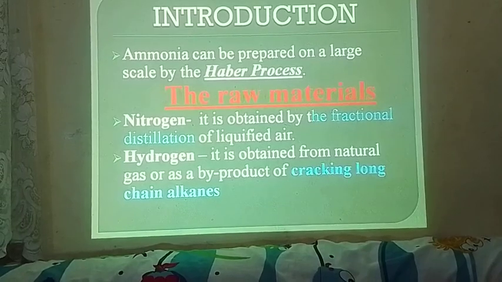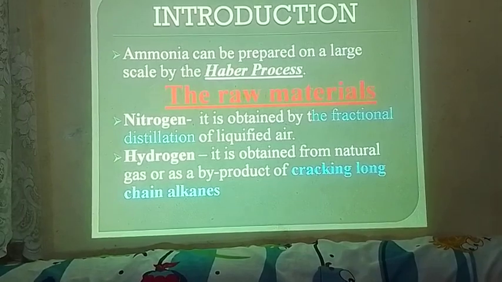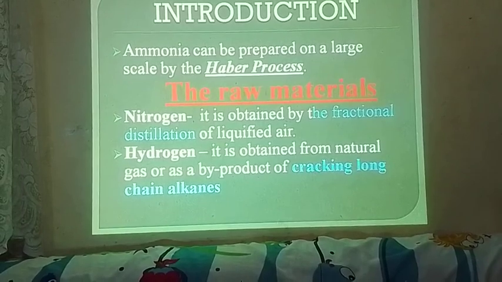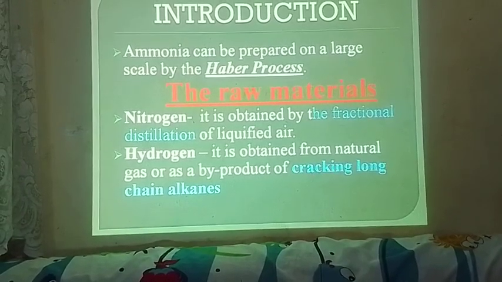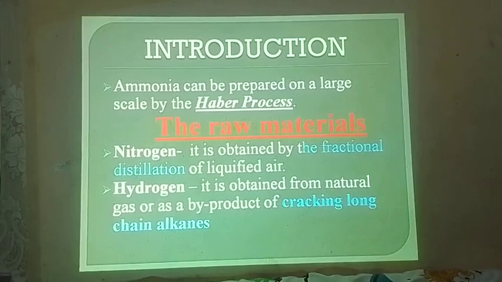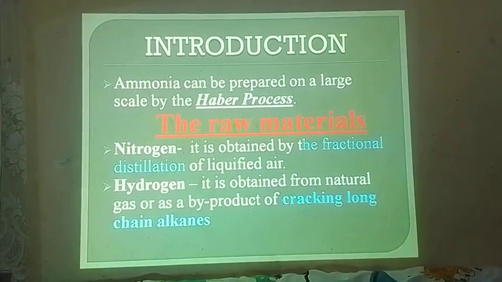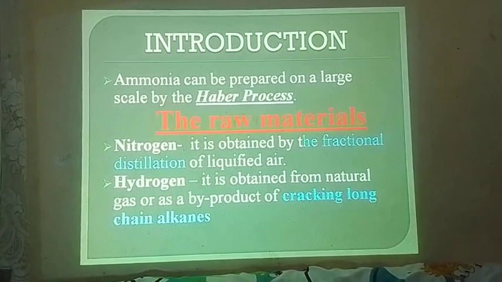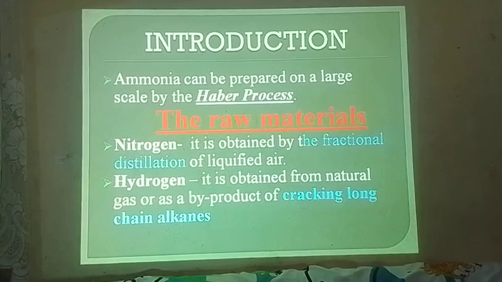Number 2 raw material is hydrogen. How is it obtained? It is obtained either by using natural gas or as a byproduct of cracking the long chains of alkanes.